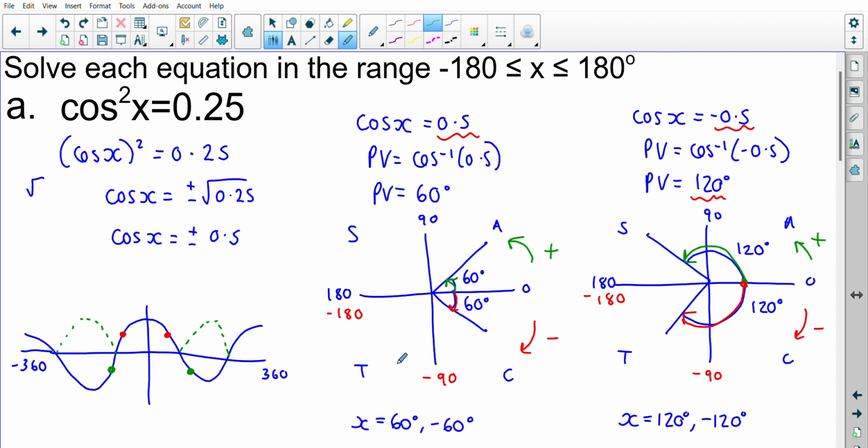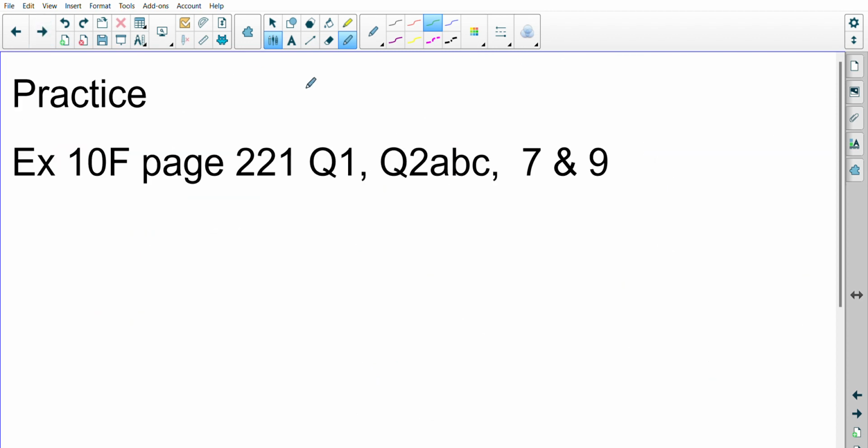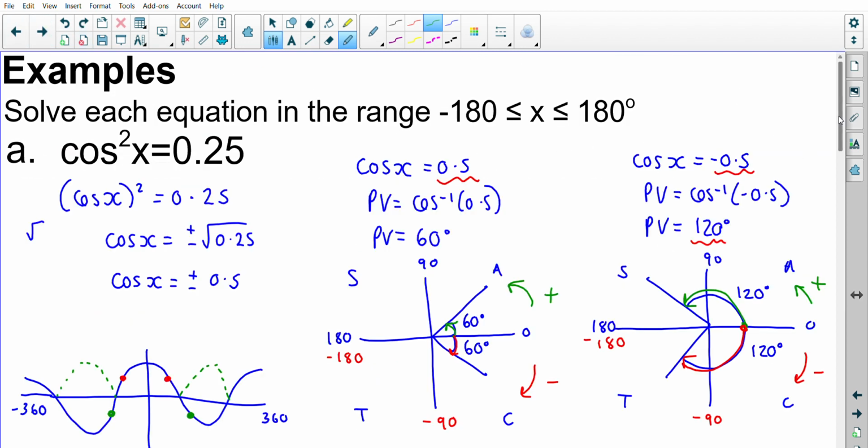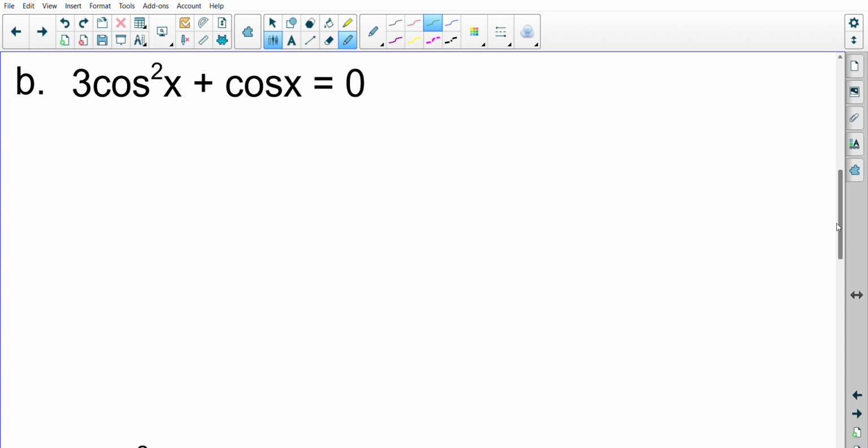If you have a look at what the cos squared x graph looks like, everything will be above the x-axis. Let's go on to another one.